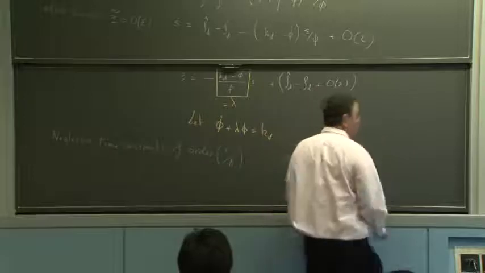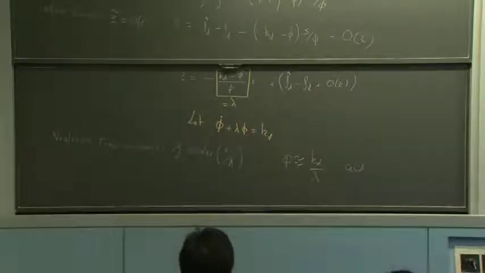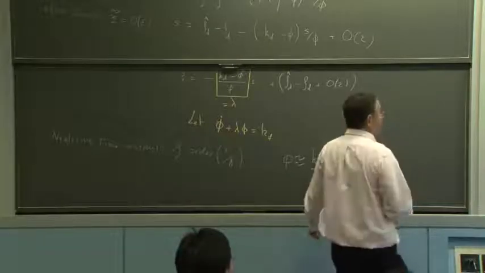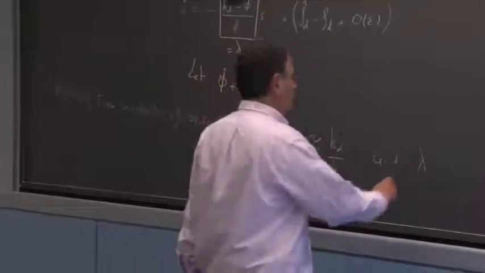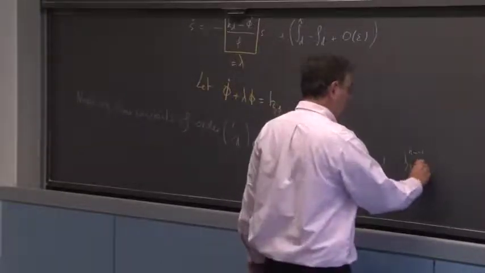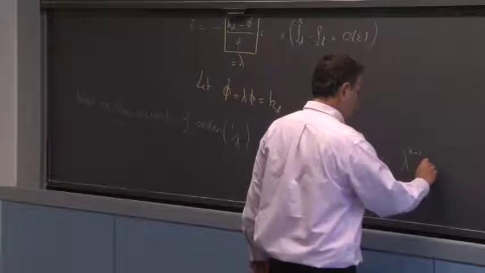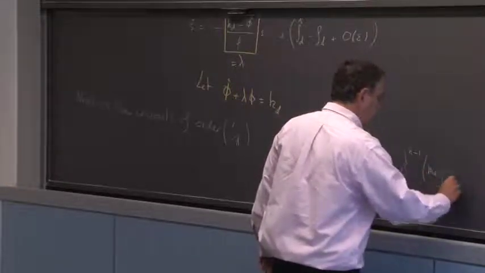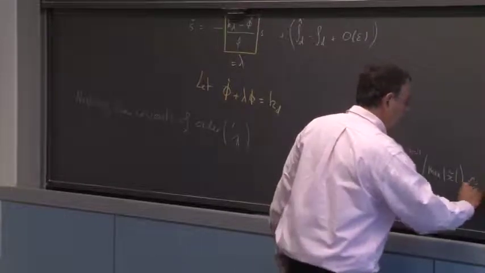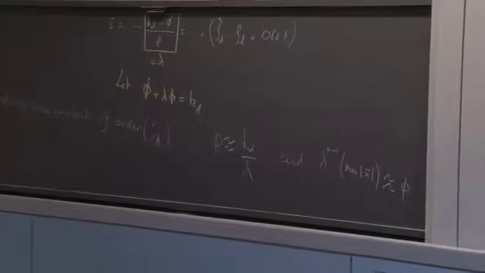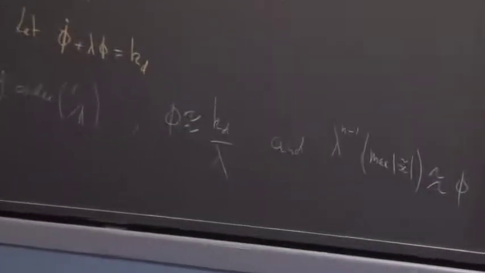And we also know that we have this bound, okay? Lambda to the n minus 1 times the maximum value of x tilde is roughly equal to phi. Again, there are dynamics floating around, but we assume they're fast.